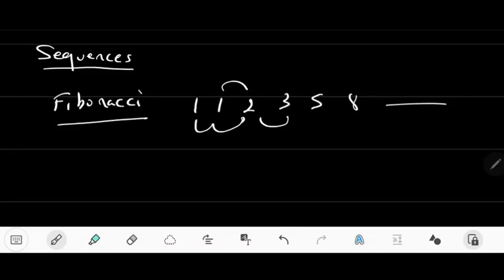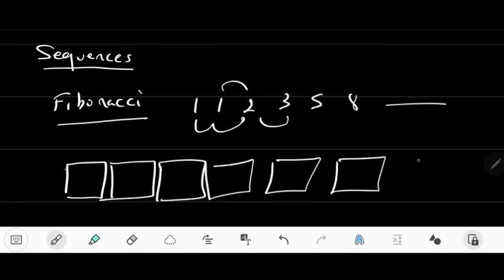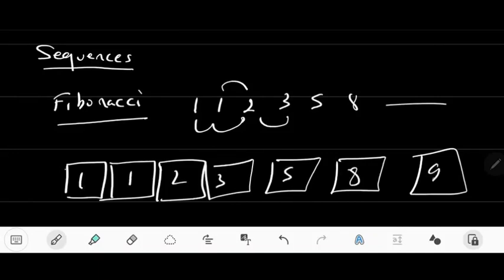So sequences are basically a collection of numbers. They are put into boxes. So we have boxes, and in these boxes we'll put numbers like 1, 1, 2, 3, 5, 8, etc. And then these numbers have indices, so they are indexed.